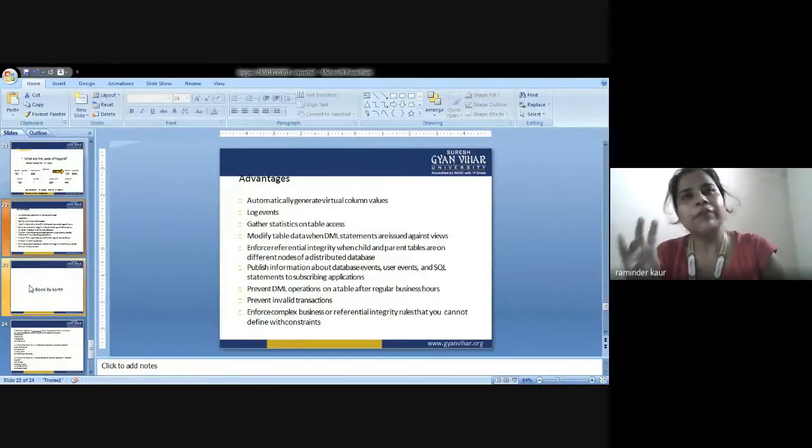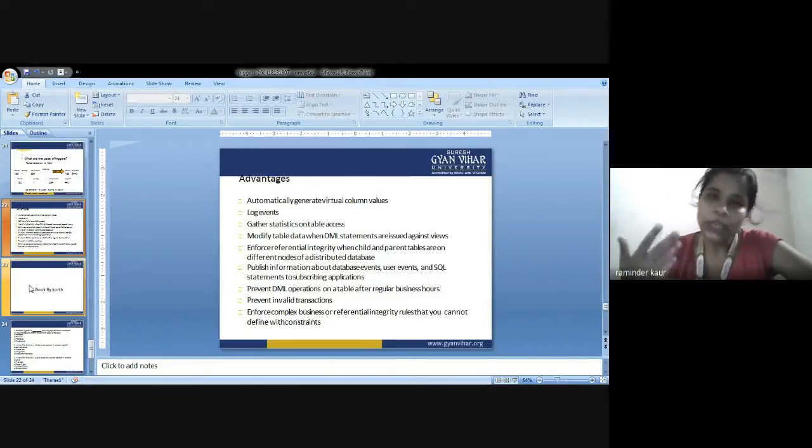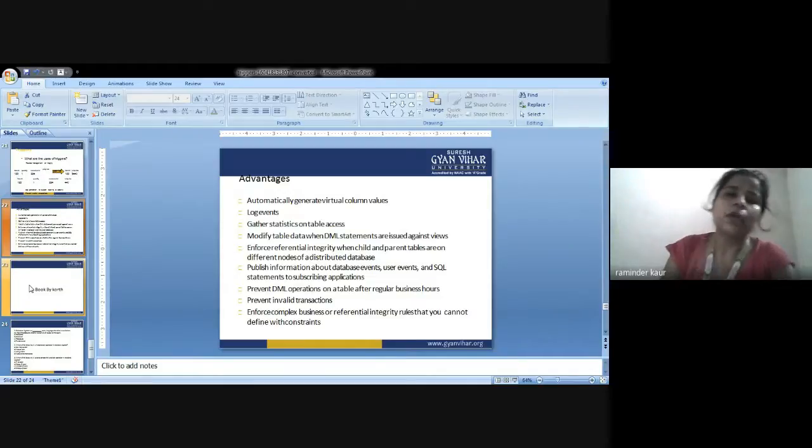In addition, I have discussed SQL and PL SQL statements, the difference between SQL and PL SQL, and a little bit about programming concepts in PL SQL: how we can use variables, multi-line comments, single line comments, the symbols for the same, and how we can initialize variables. These are the various concepts discussed, and lastly the advantages of using PL SQL. So this was all about my today's lecture.